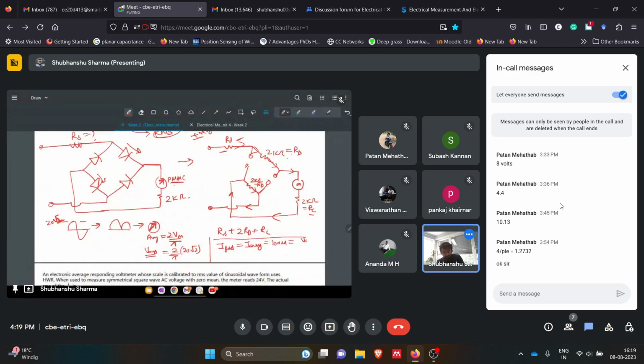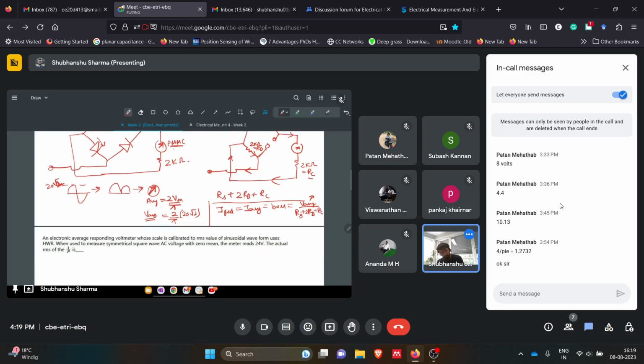It is V average, the average voltage seen by this PMMC instrument, divided by the total resistance of this branch. Simple Ohm's law: RS plus 2 RD plus RC. So now what we have, okay, I don't have space.